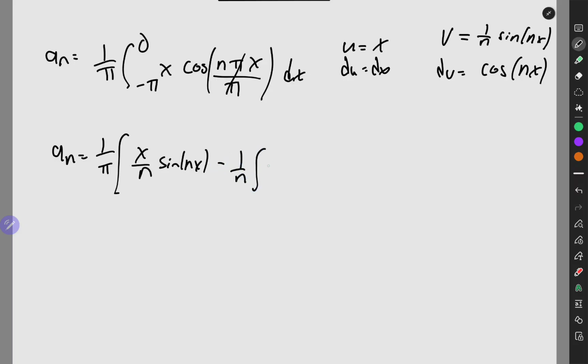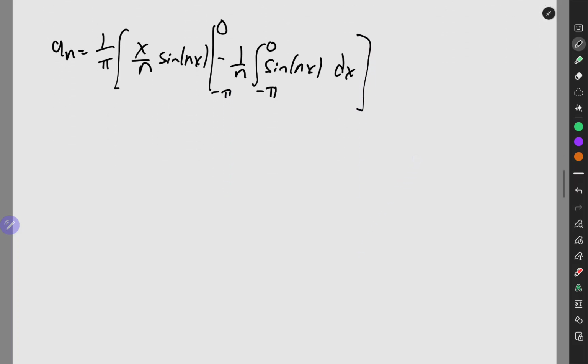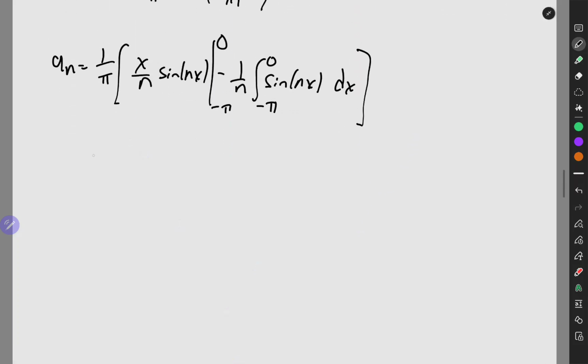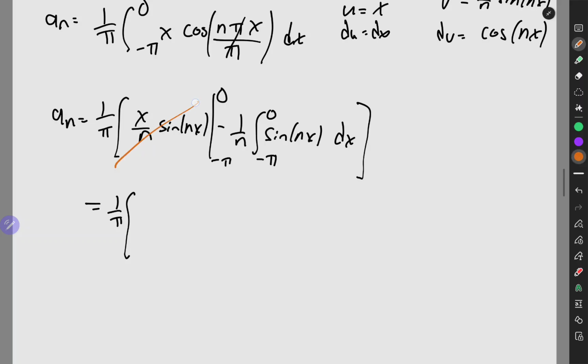Pull that out. Remember, we have to evaluate in the limits there. Let's now evaluate this. So 1 over pi times, oh, that's just 0. You know why? Because sine of n pi is 0.